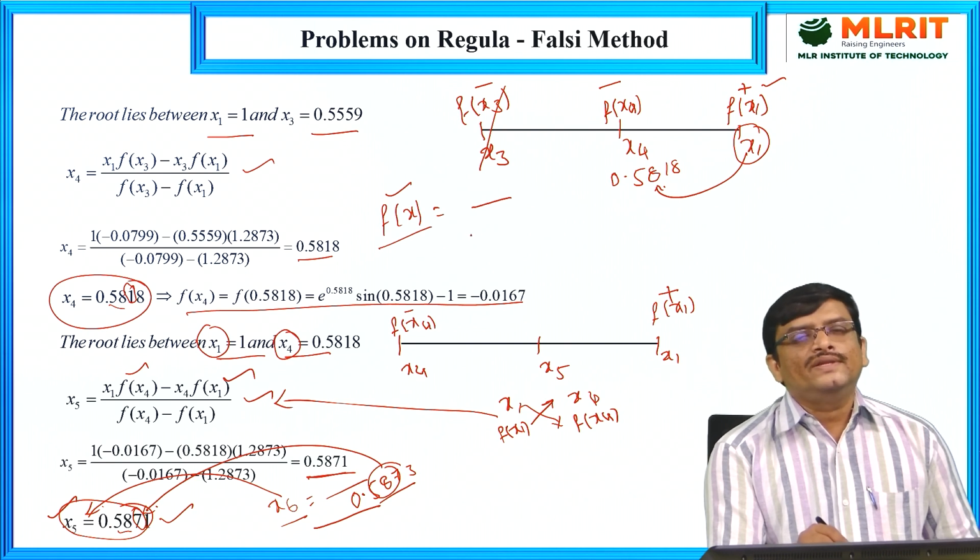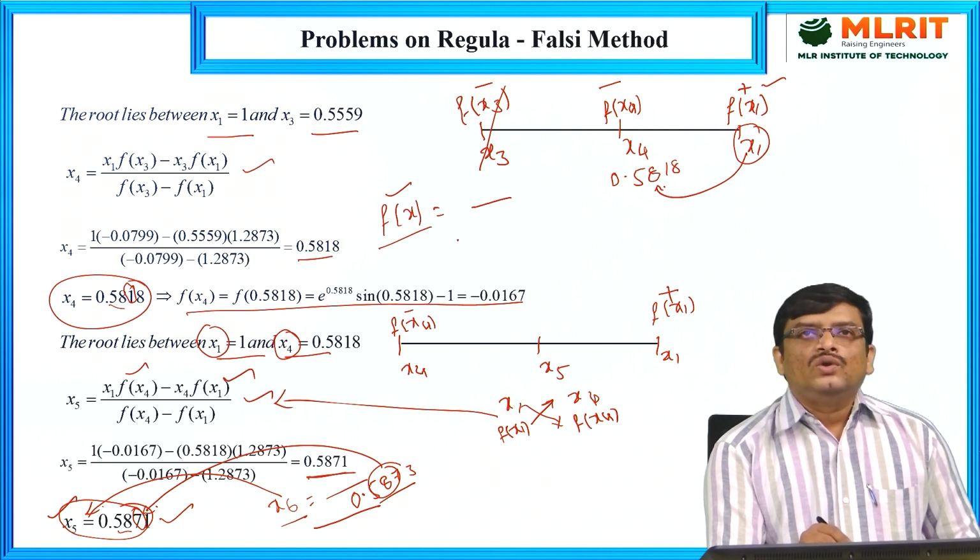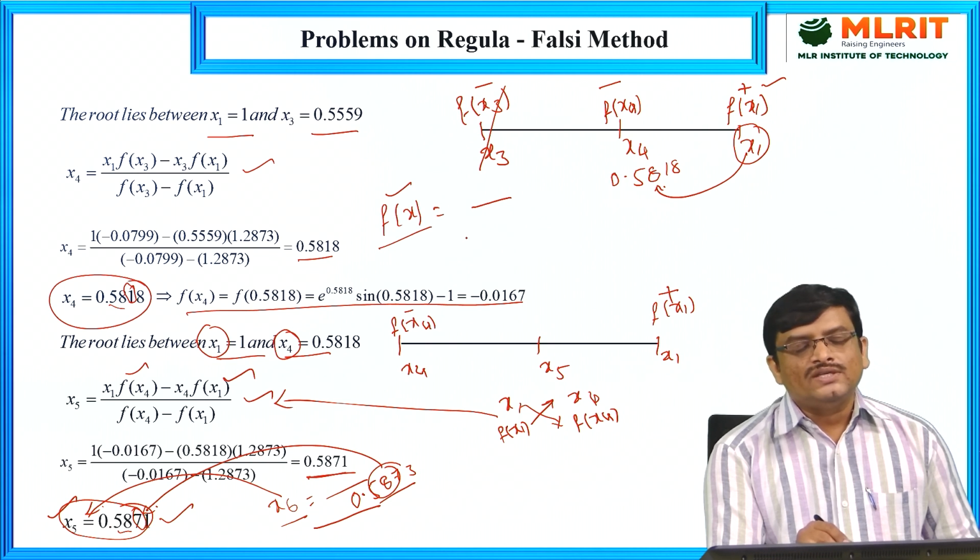And not only in this method, in any method, whenever we want to find out a function value which contains a trigonometric function, we have to keep our calculators in the radians mode. That is the important thing we have to remember here.